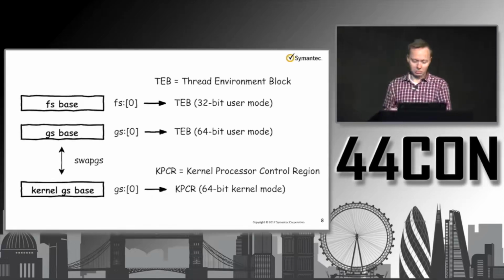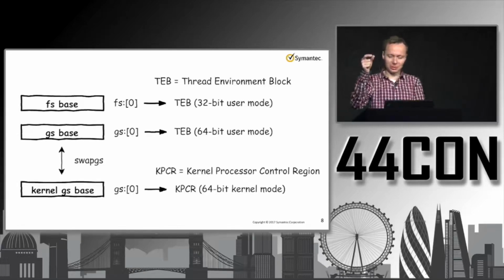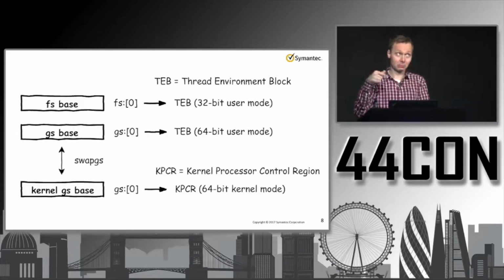access a superstructure, let's call it that, called the kernel processor control region. When you're in user mode and when you're in kernel mode, you're still using the same GS prefix, but they mean different things. And that's why AMD or Intel introduced something called the swapgs instruction.